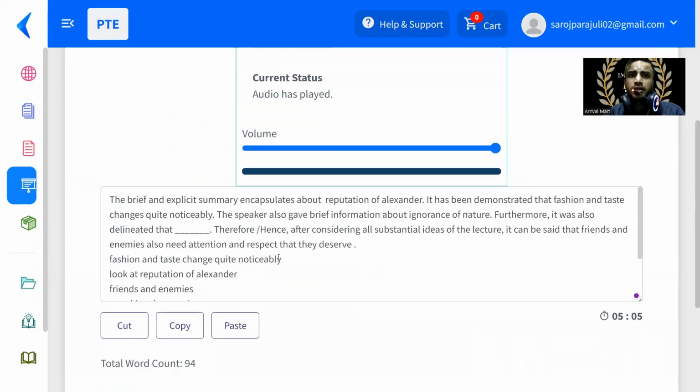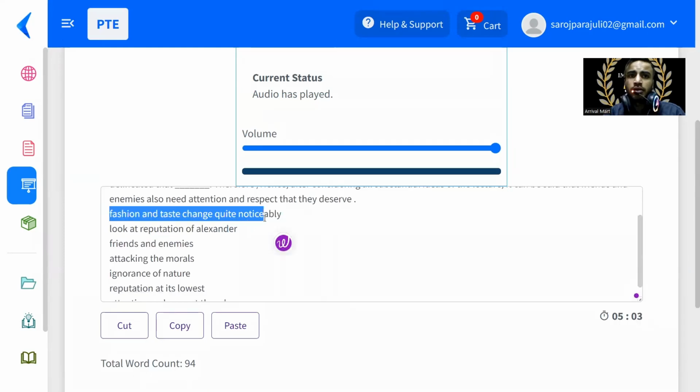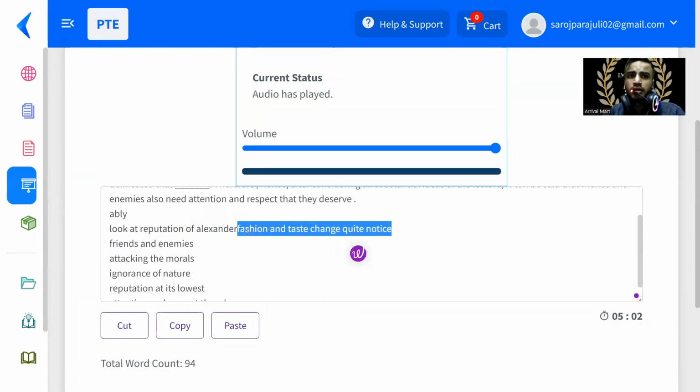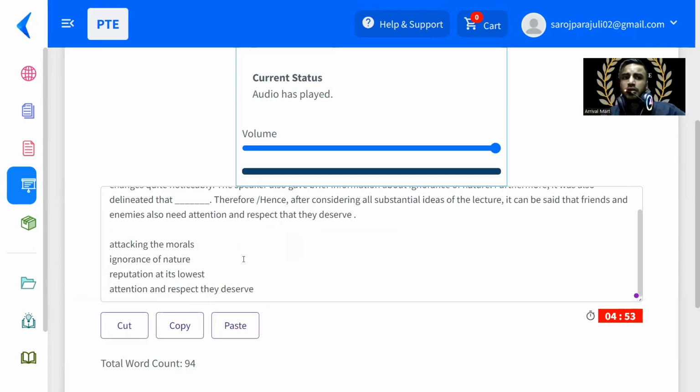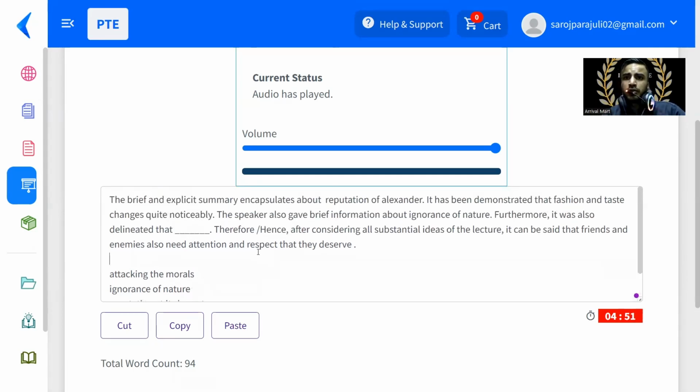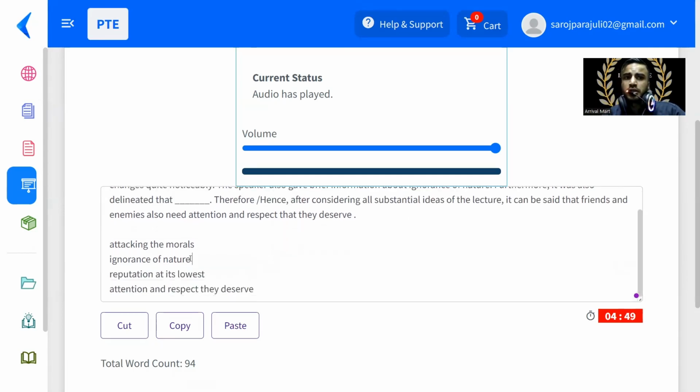Last sentences. Okay, remove the things that I have already read. Okay, repetition of Alexander. These two are gone. Friends and, okay, this is also gone. And importance of nature, ignorance of nature already done. Attacking the morals and attention and respect they deserve.